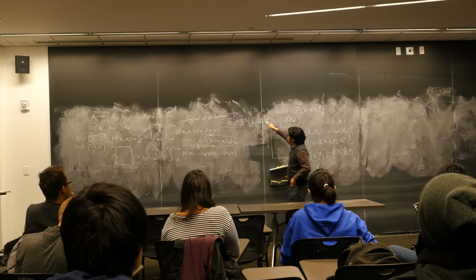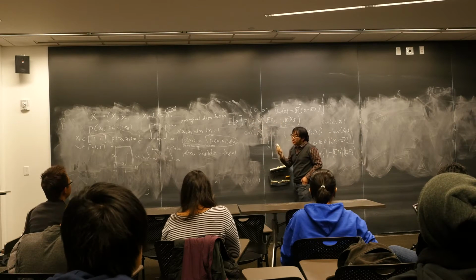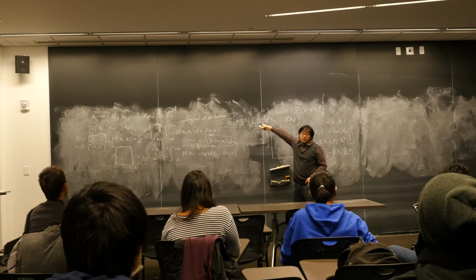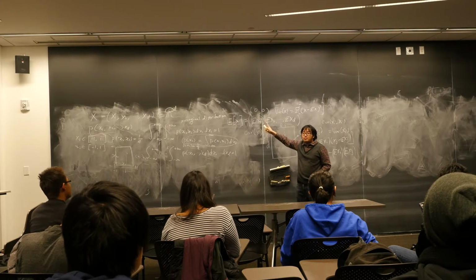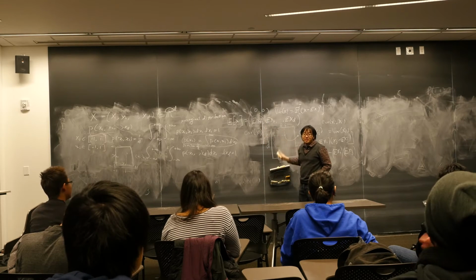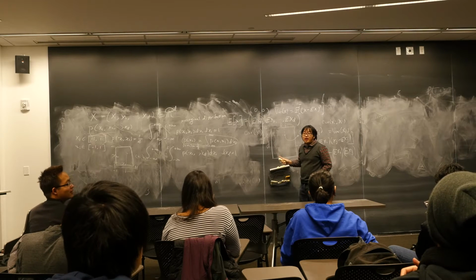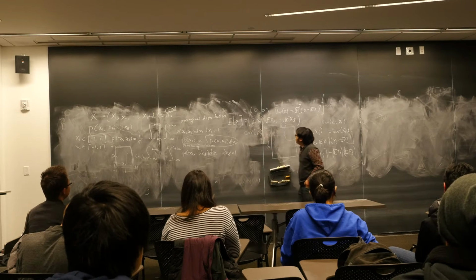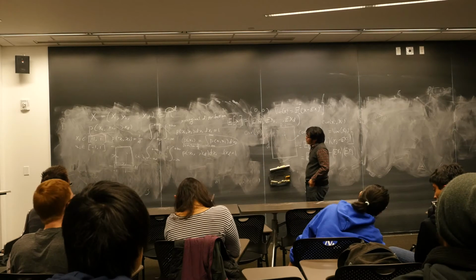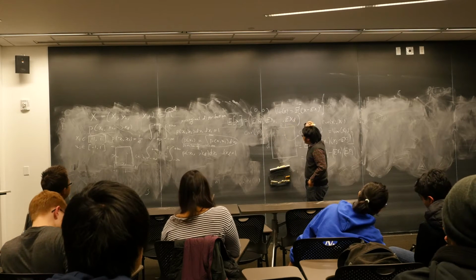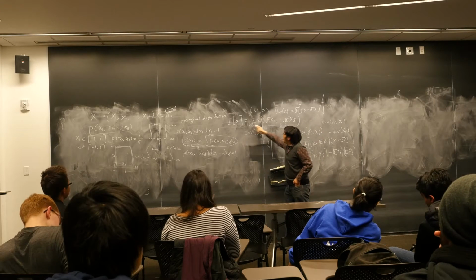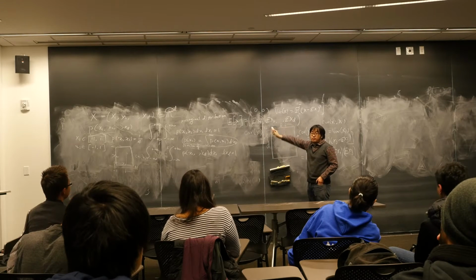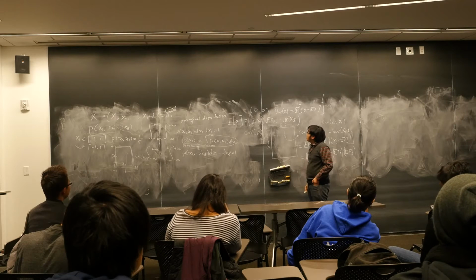For example, the first entry of this vector is the average value of x1, and this shouldn't depend on x2 and x3. Oh, so it's just independent of the other variables? No, we don't assume independence. This definition holds for all random vectors.